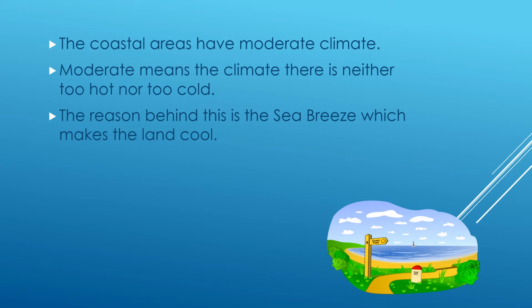So in summer, when the sea is cooler and the land is hotter, due to the sun rays the land becomes hot very quickly, whereas the sea takes time. Therefore, the air above the sea moves towards the land and makes the land cool, and this is known as sea breeze.